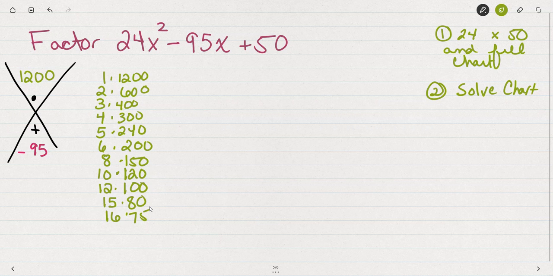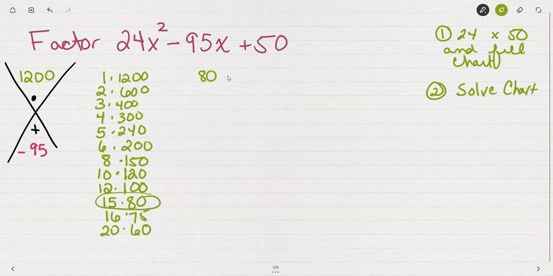Divided by 18 doesn't go in evenly. 19 doesn't go in evenly. 20 and 60, and you could keep going like that. It really isn't that impossible to get these. It's much better than a full guess and check. But let's see if this 80 and 15 will work.